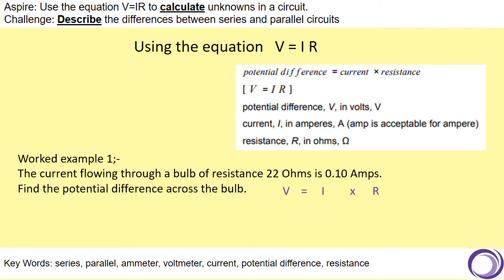So V equals I times R. We know that the current I is 0.1 and the resistance R is 22. So the potential difference is 0.1 times 22, which gives you 2.2 volts. Underline the answer to draw the examiner's attention to it.